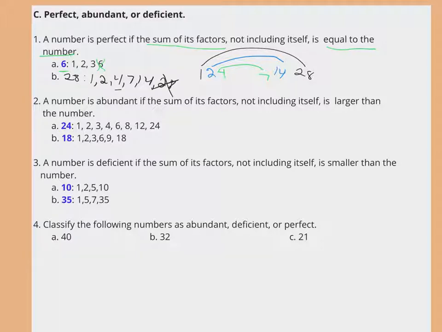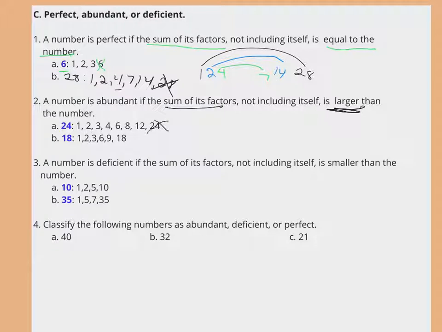A number is classified as abundant if the sum of its factors is larger than the number. So it's abundant if the sum is larger. So here if we look at the number 24, we listed out its factors: 1, 2, 3, 4, 6, 8, 12, 24.